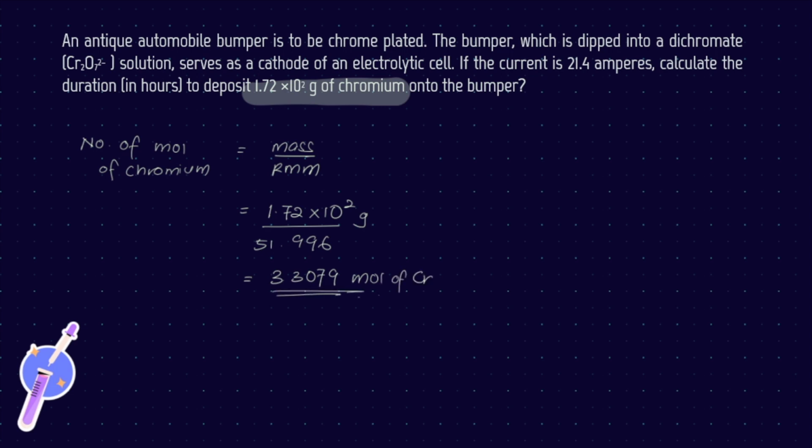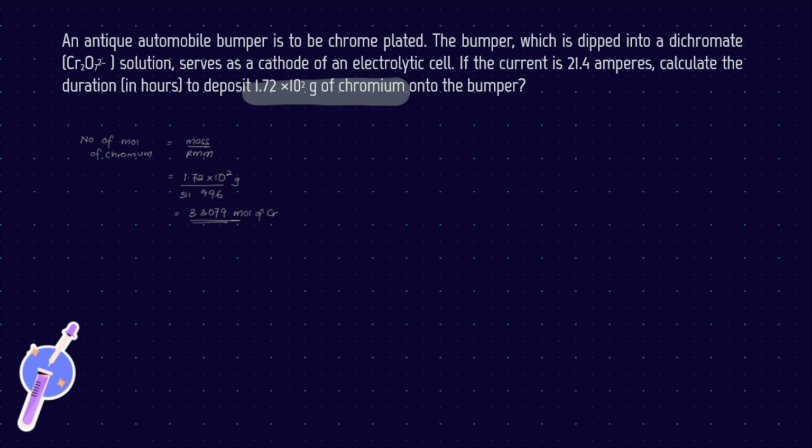What else is important for you, because you are going to find the duration, you need to know how many electrons are there so that you can convert to coulomb. So you need to know how to calculate the oxidation number. We are going to calculate the oxidation number for the dichromate.